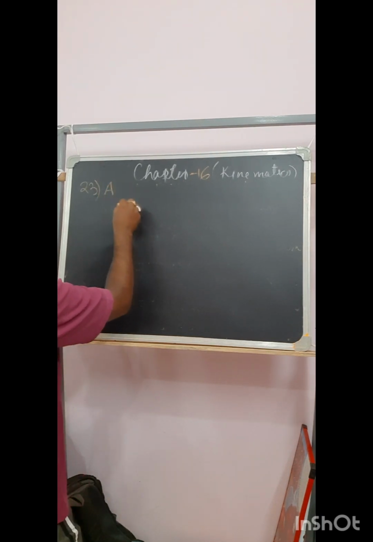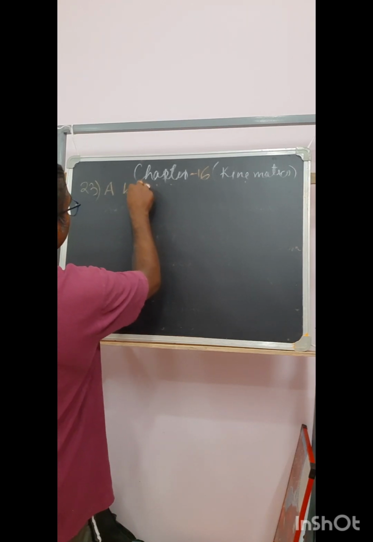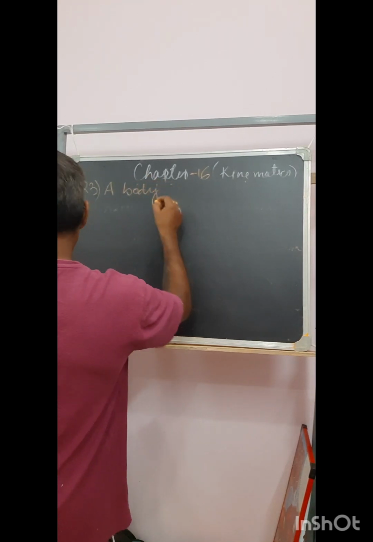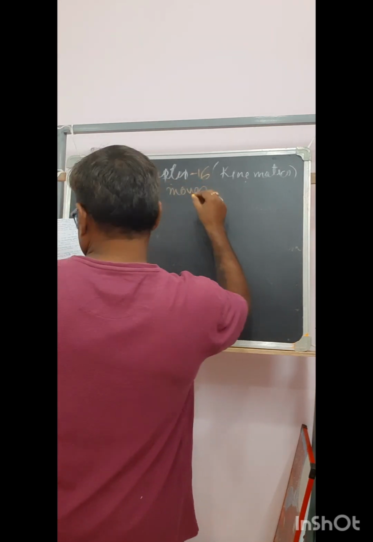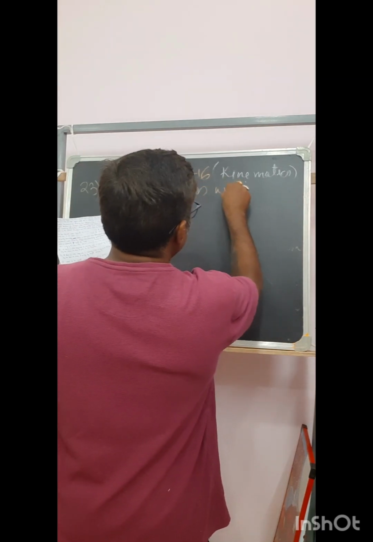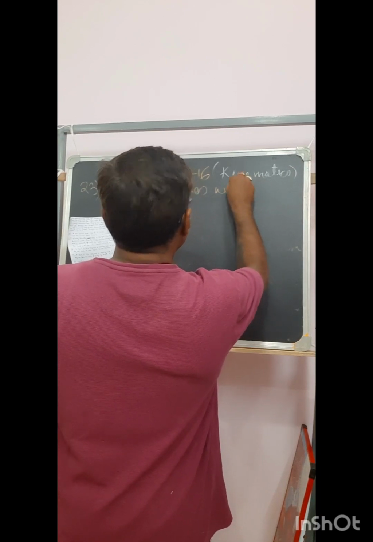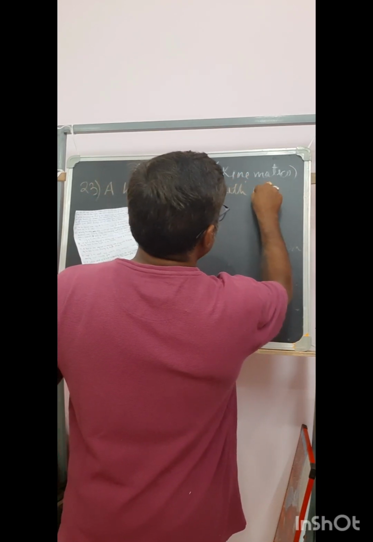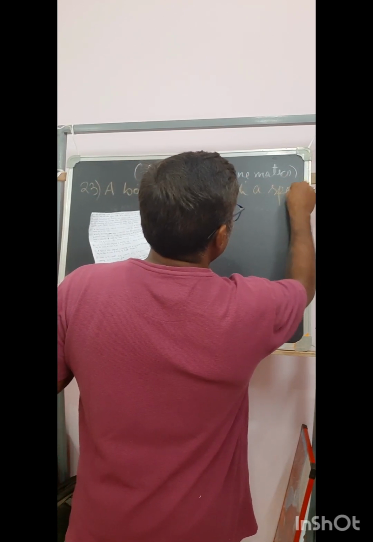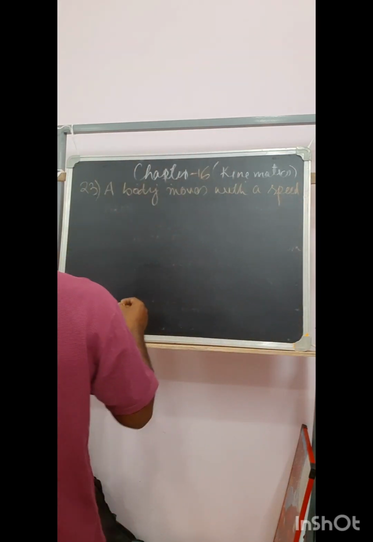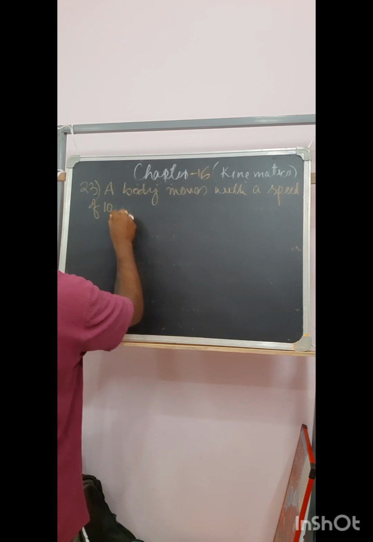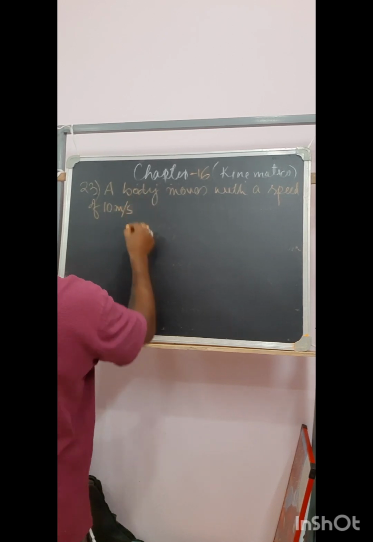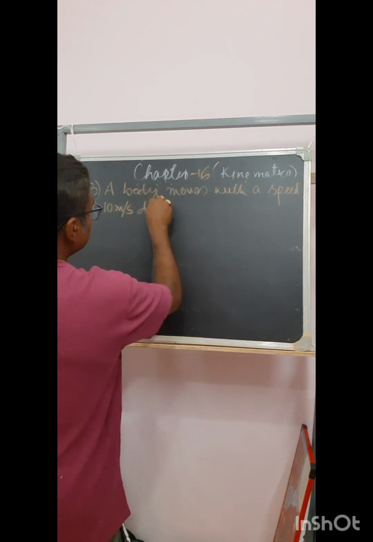So the problem is: a body moves with a speed of 10 meter per second due east.